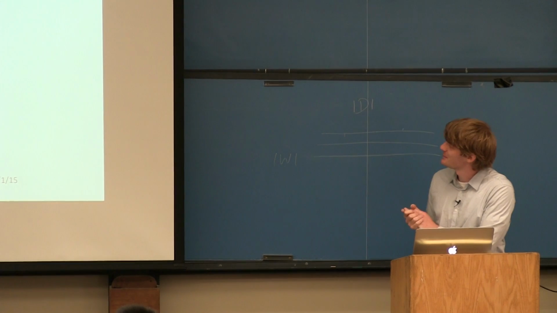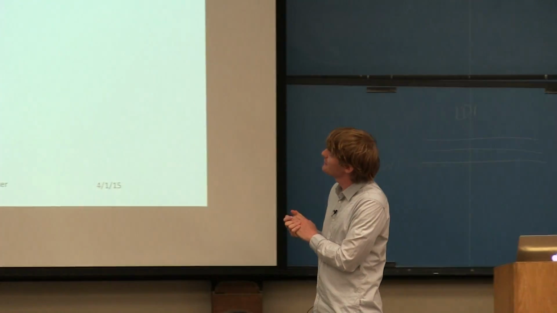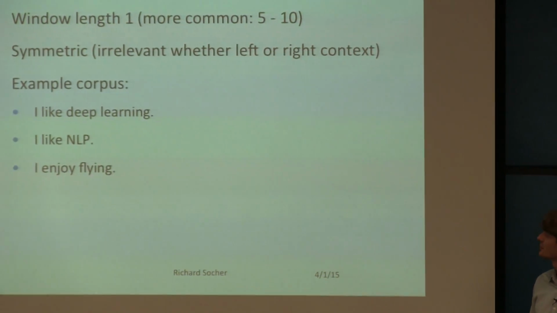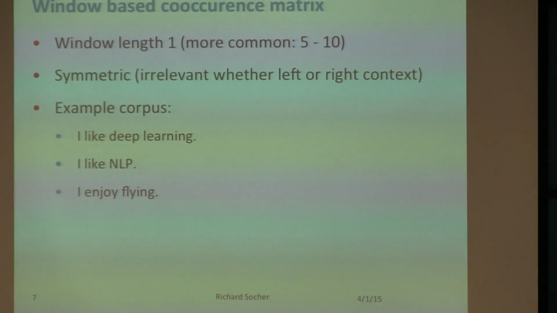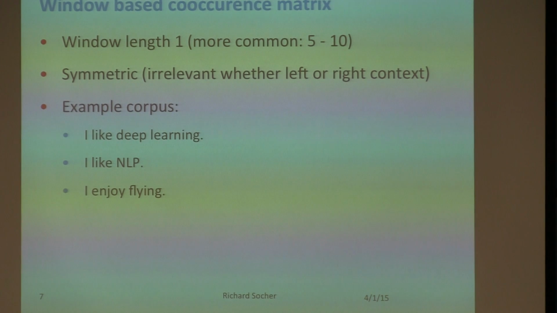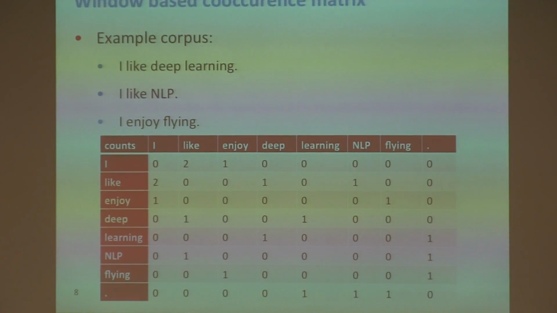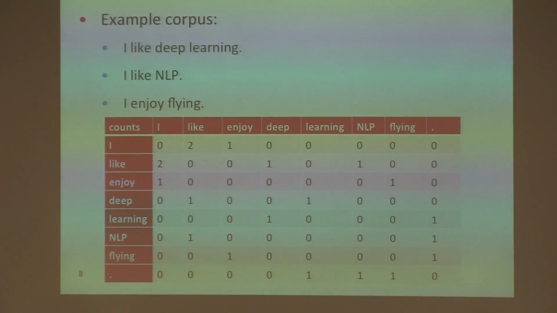And to keep it simple, we'll just have 3 sentences in our entire corpus from which we want to learn the word vectors. The 3 sentences are: I like deep learning, I like NLP, and I enjoy flying. So let's look at what a window 1 length co-occurrence matrix would look like.